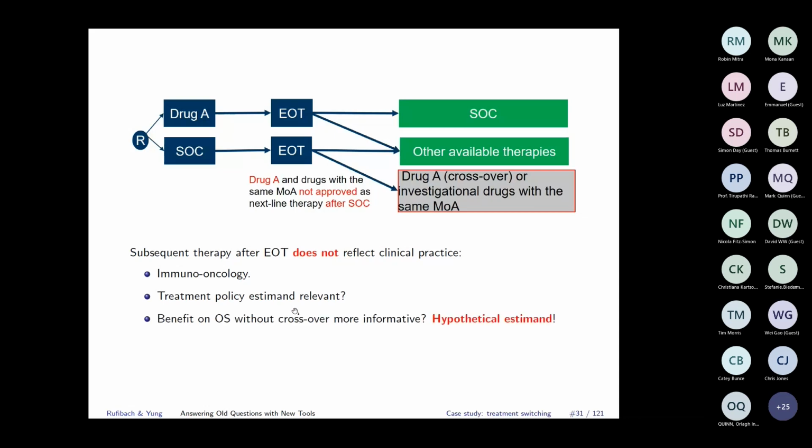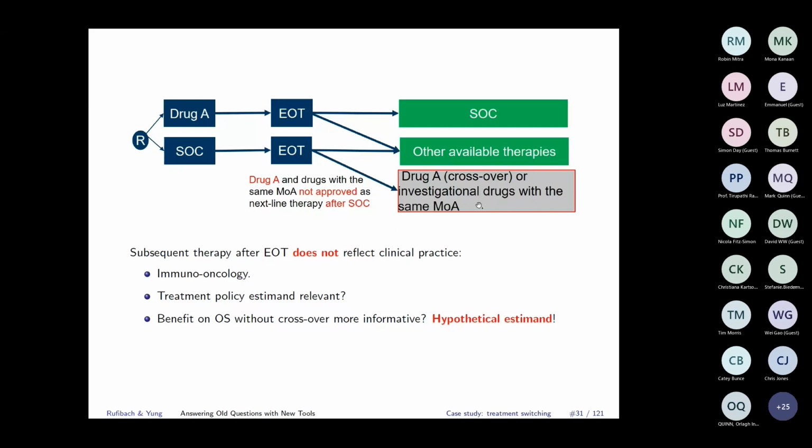Or would we not rather be interested in something like the benefit on overall survival without crossover, in a world where this crossover or this change to a not yet approved drug would not happen? And this is what we call a hypothetical estimate. That might be of more interest, even to decision makers, even to health authorities, because what do I gain from learning about an effect that's not clinical practice?